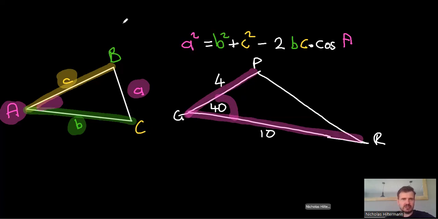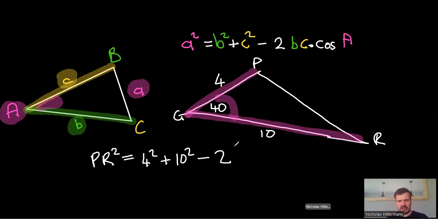Now the second bit: rather than get confused with the formula, I want us to start looking at the form and thinking of it as, okay, the side squared that we're looking for, PR squared, because I've got two sides hugging an angle, the opposite side, PR squared, is equal to one side squared plus the other side squared minus 2 times the one side times the other side, cos of the angle.